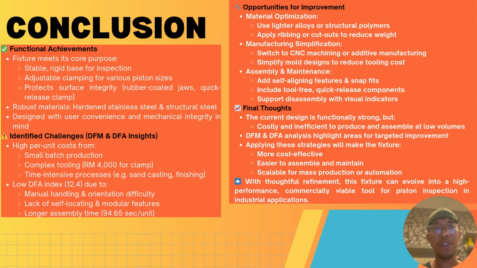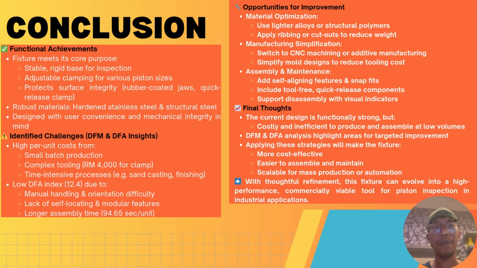Like we identified, we should use 3D printing, which will be cost effective. Also a low index of 12.4 due to manual handling and orientation difficulty. Next, lack of circuiting and modular features and longer assembly time, that is 94.65 seconds per unit.